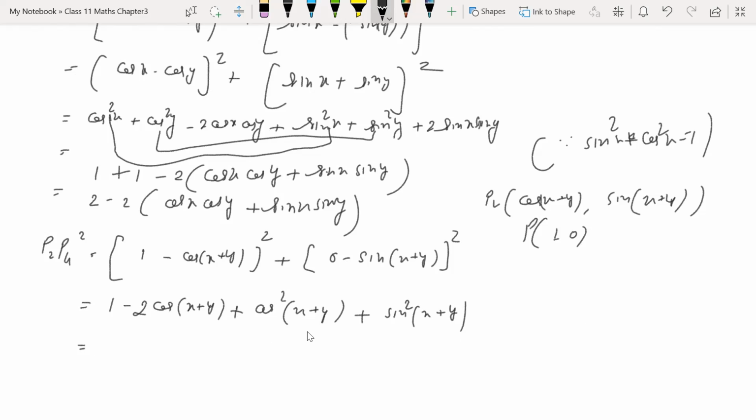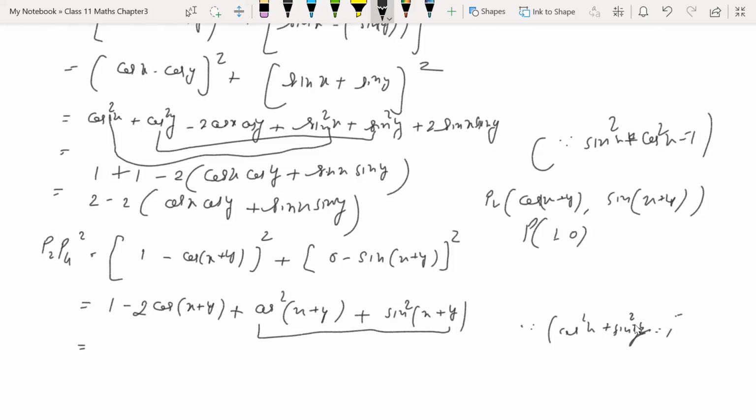Now it is cos square x plus y plus sin square x plus y, and that becomes 1 because cos square plus sin square is equal to 1.